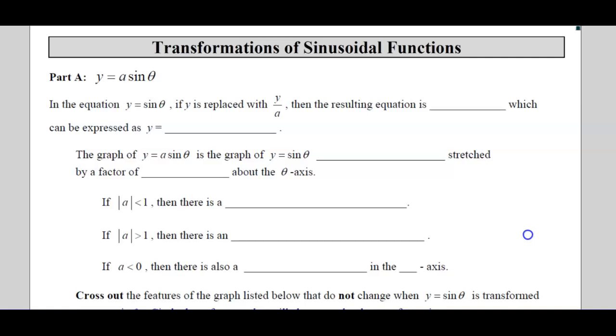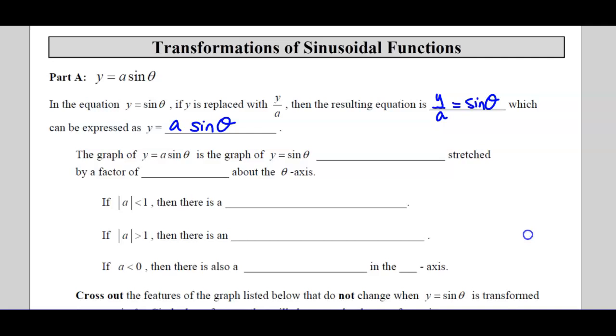So if you replace y with y over a, then you're going to have y over a equals sine theta, which almost always in this trig unit we always solve for y. We rarely leave it in transformation form. So then solving for y, there's your function. So now you can graph it, right? If it's y equals, you can put it into your calculator.